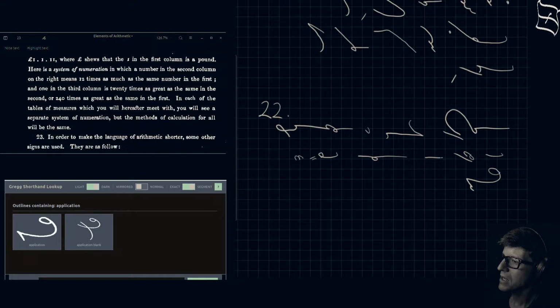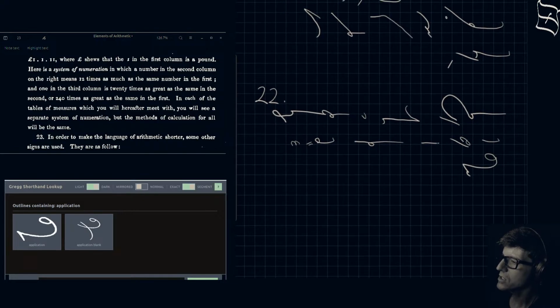So in many real-world applications, comma, each becomes its own system of numeration. System of should be just a little bit, there we go, like a sideways tilde.